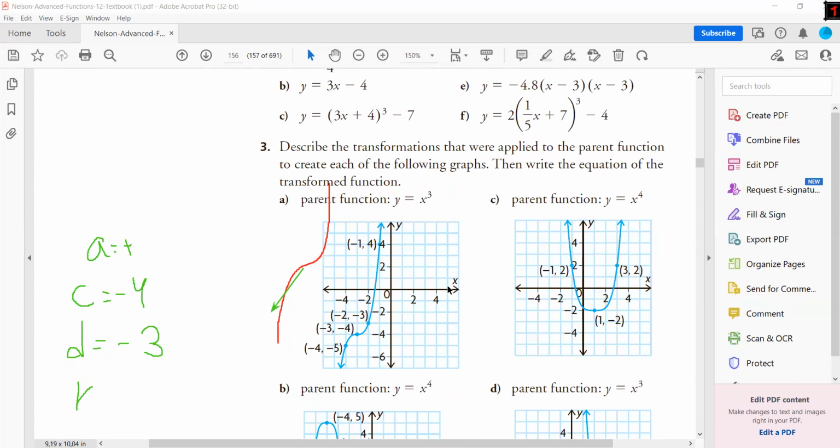So let's define whether we have a k value in here. K should affect the x coordinate, right?